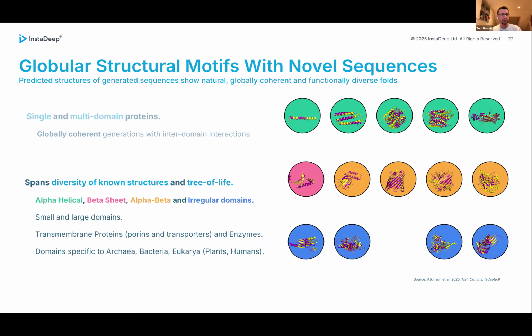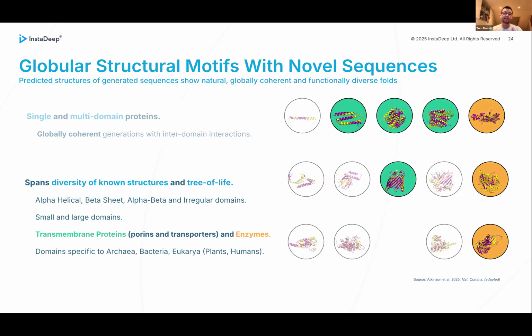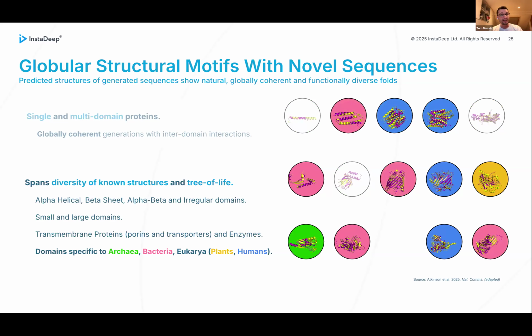So different secondary structure elements, alpha helices, beta sheets, irregular domains, small and large domains, transmembrane and enzymes, spanning different elements of the tree of life, human, bacterial, and things like this. This is really just a pretty picture section, but the point here, again, is that we're getting really effective unconditional generation of the protein sequence.